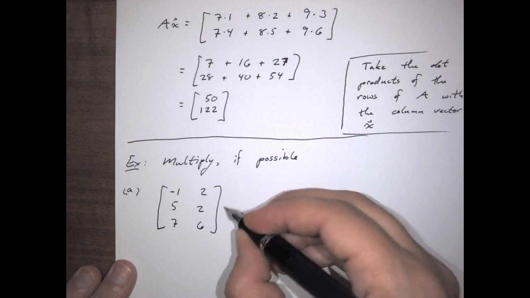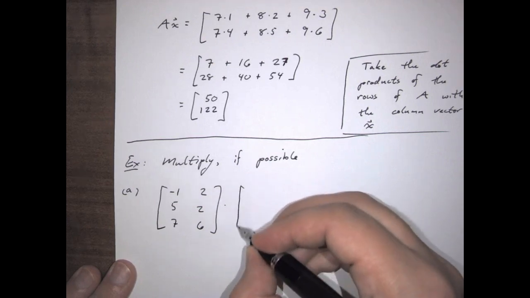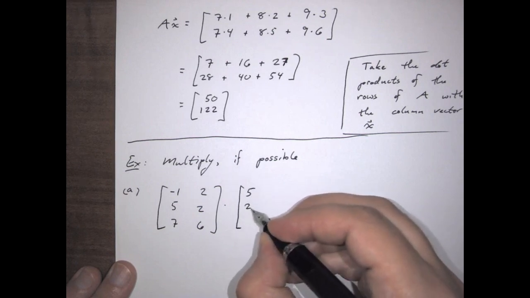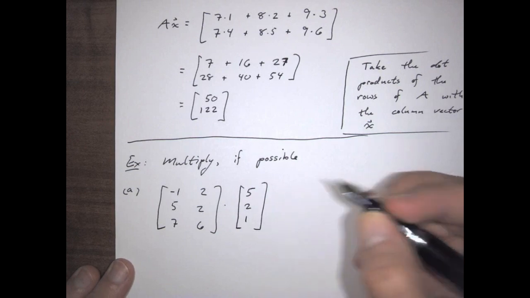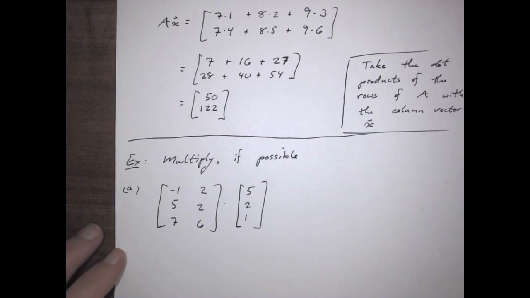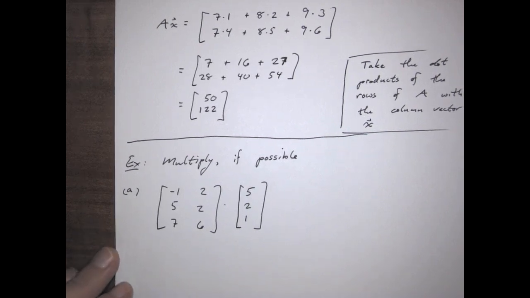And we want to multiply that by the vector 5, 2, 1. The row vector rule for multiplying is only an alternate way of writing what amounts to the same operation. It only took one line of calculation before the numbers ended up being the same as when we did it the other way. So the rules for multiplying are no different whichever way you do it. They're just two ways of looking at the same process.